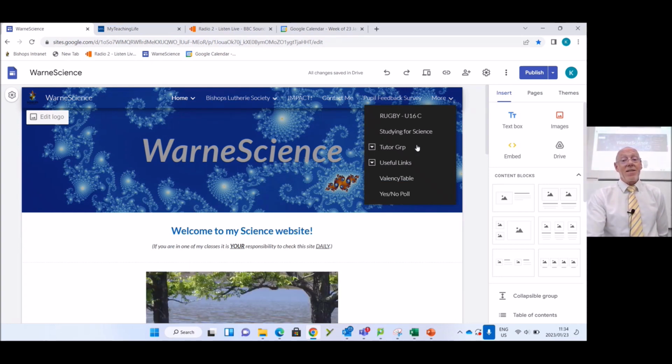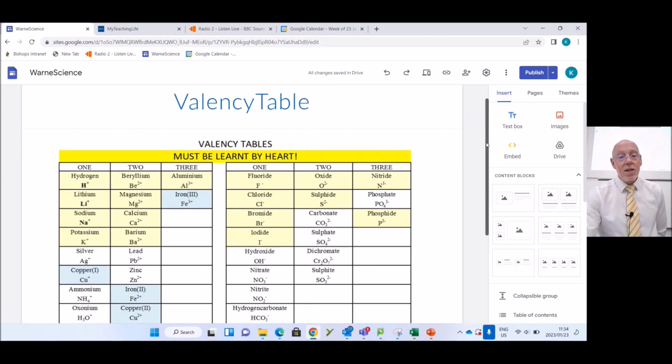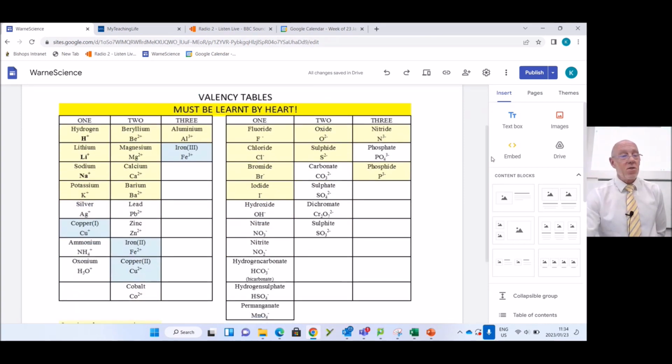You see here? It says valency table. This valency table is the same as the one on the grade 9 intranet page. And you should have known this since grade 9 when we did writing formulas.